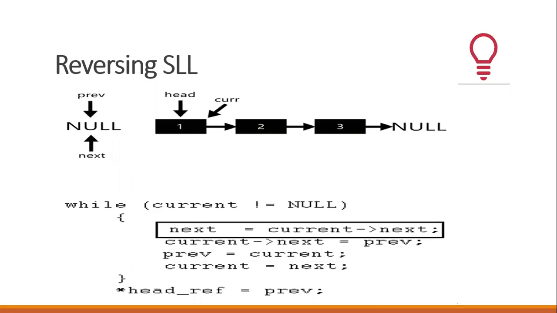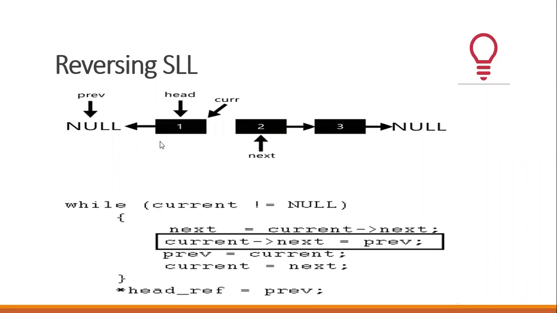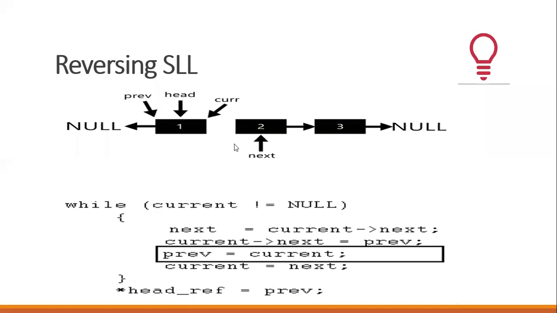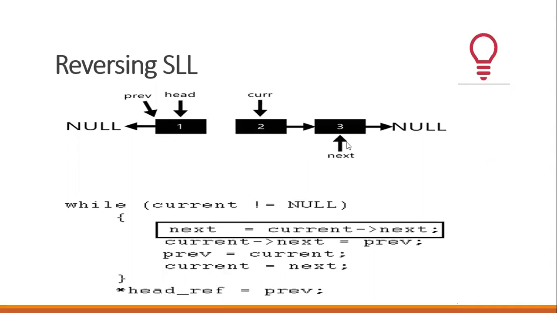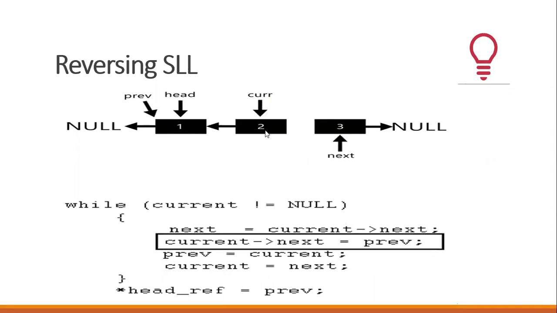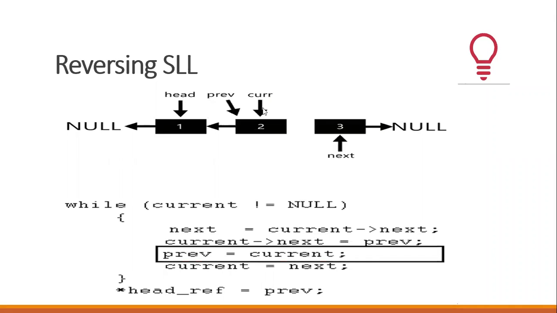What has happened is previous is pointing to null, and so was next, and next has moved ahead, and now previous is pointing to this. Next has again moved ahead, and current is pointing to this, now previous is pointing to current.